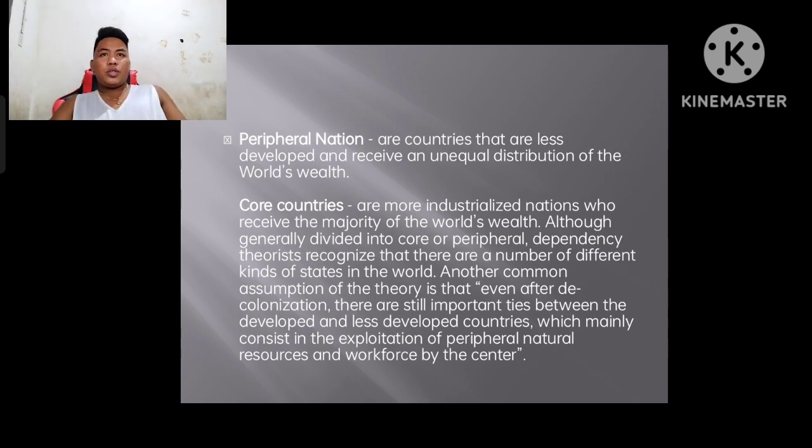Another common assumption of the theory is that even after decolonization, there are still important ties between the developed and less developed countries, which mainly consist in the exploitation of peripheral natural resources and workforce by the center.